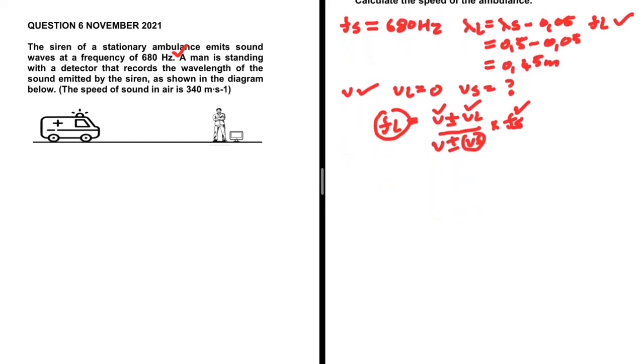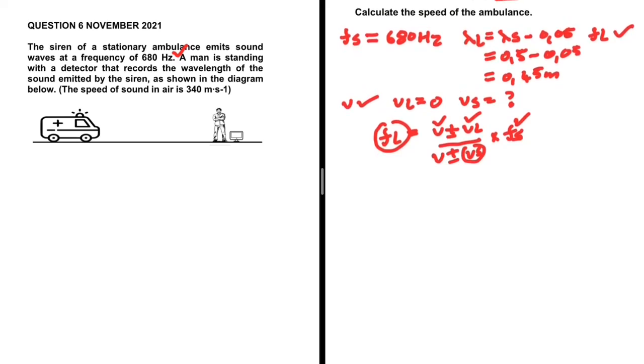In order to calculate FL, we're going to say that frequency is velocity divided by wavelength, right? We have the velocity, which is 340, and then the wavelength, which is 0.45. So we can go ahead and substitute that in place of FL. So in place of FL, we have 340 divided by 0.45.